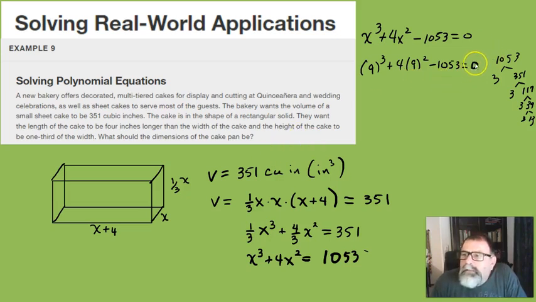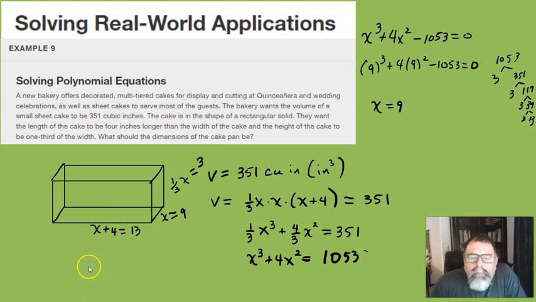Yes, it does. So 9 is the solution. What should the dimensions be? x equals 9. So 1/3 of 9 would be 3, and 9 plus 4 would be 13.